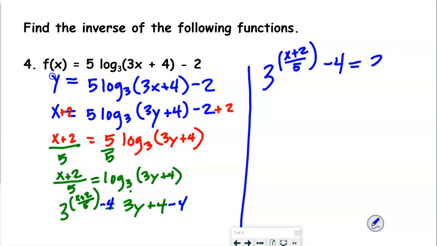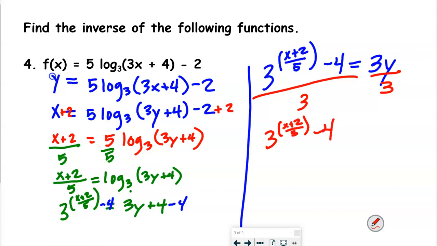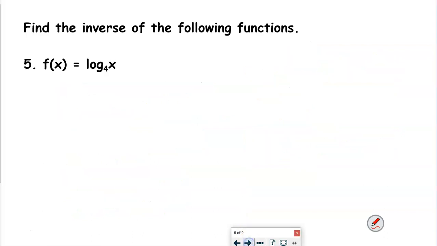That's going to equal 3y. So at this point, we're going to divide both sides by 3. So our answer is 3 to the x plus 2 divided by 5 power, minus 4, divided by 3. That's equal to y. Now, you could also make that multiply by 1/3, because dividing by 3 and multiplying by 1/3 are the same.